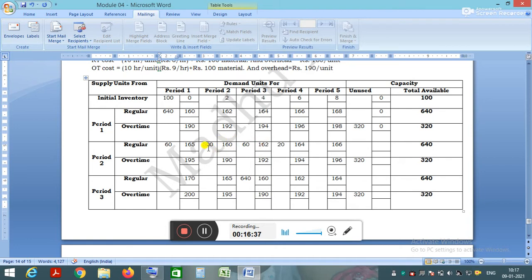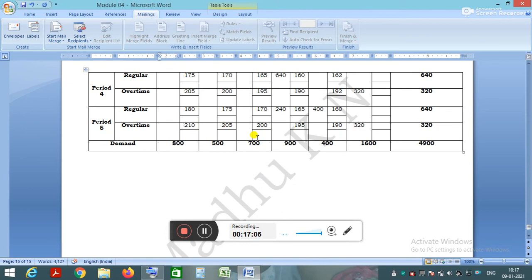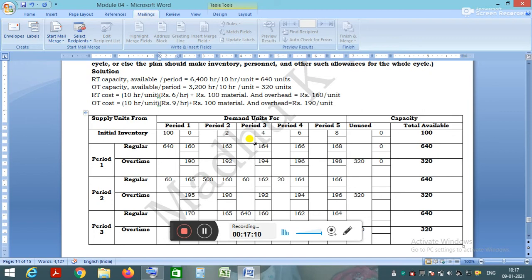If we produce the remaining 60 products required in period 3 and store them for period 3, it costs around 162, which is less than the overtime cost. Therefore, we produce these 60 products in period 2 only and store them for period 3, which costs around 162, which is less than 190. 640 plus 60 is 700. Okay, we fulfill the demand here also.